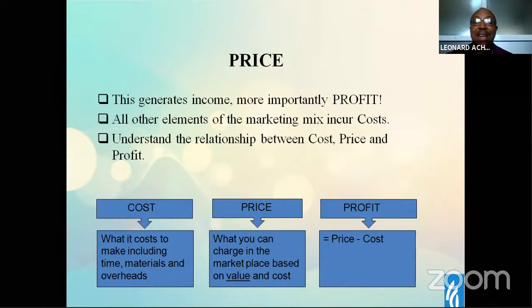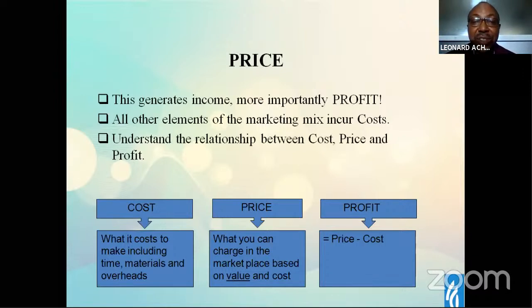But price is the sacrifice, the pain that the buyer goes through to take the product home. It's what gives the seller the joy, the happiness for being in business. Price is the value on the product which the buyer is paying for. And so price is very crucial in marketing.